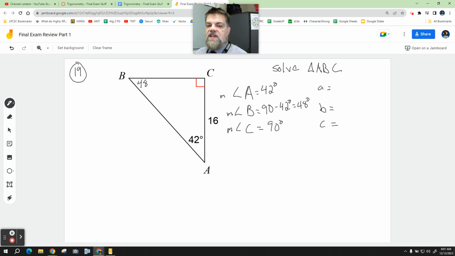Now when I do that, we also know that lowercase b is 16 because the side is across from the angle. So this is b, this is lowercase a, and the hypotenuse will always be c. Okay? So let's label b as 16.